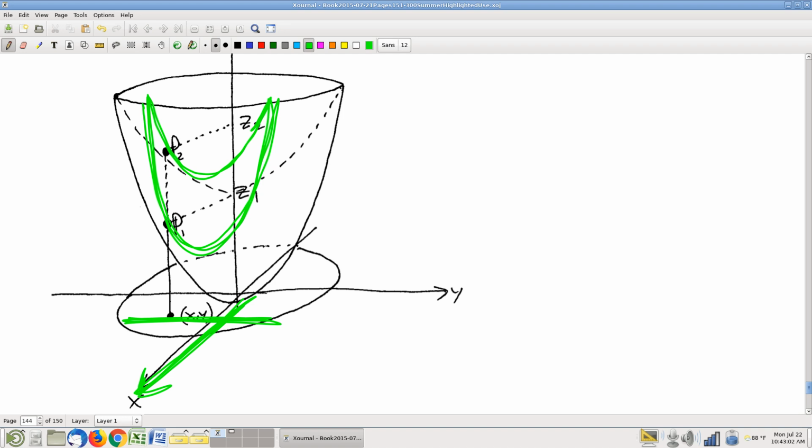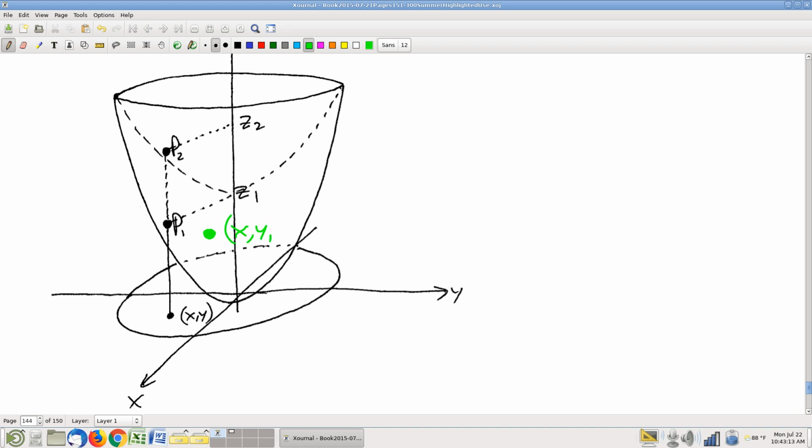Here's the way to bypass this problem. Notice that for every point in this solid, let's say coordinates x, y, z, if I look at the projection down into the xy plane, the coordinates of that projection are going to be x, y, 0.